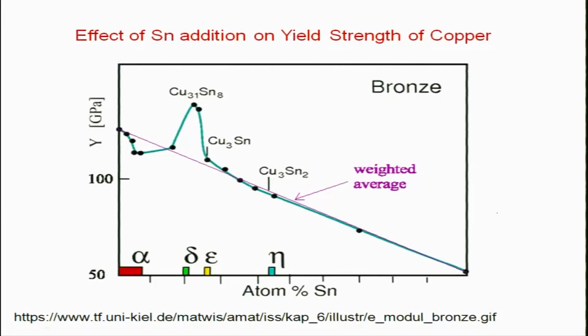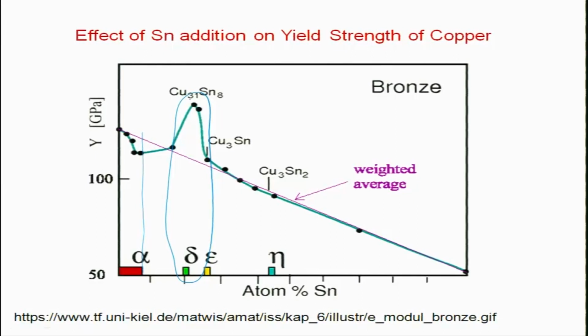And if you look at the effect of tin addition on the strength of copper, as we keep adding tin to copper, you can see the first one is alpha phase. The alpha phase strength is somewhere here. So, tin addition to copper leads to a decrease in the strength, but then you have a spike in the strength at this composition where you form these delta and eta phases.